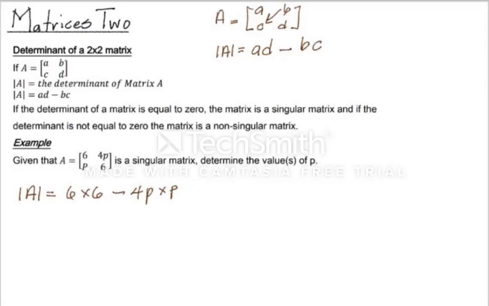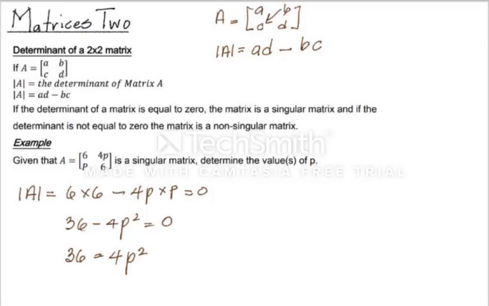Now, because A is singular, this determinant is equal to 0. So what we have is 36 minus 4p squared is equal to 0. So 36 would be equal to 4p squared.